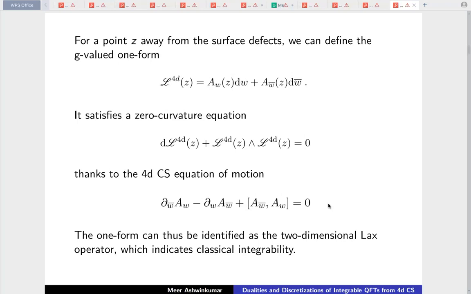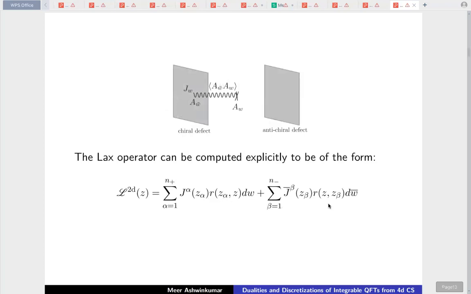But the power of this approach is that once you have a flat Lax connection, you actually really have integrability of the field theory. So before I explain how that works, I just mentioned that the Lax operator can be computed explicitly as well in 4D Chern-Simons theory, either via a tree-level Feynman diagram computation or just solving for the equations of motion, and it takes this form given over here.